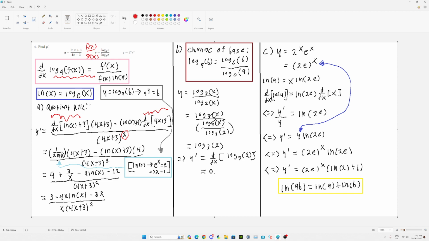Since it's log base e, we'll just go to e to the x equals e. If we solve for that, we get x equals 1. Therefore, 1 over x to the ln e is just going to go to 1 over x times 1. It's just 1 over x, right? That's why I drew a line here. But yeah, so we get this.